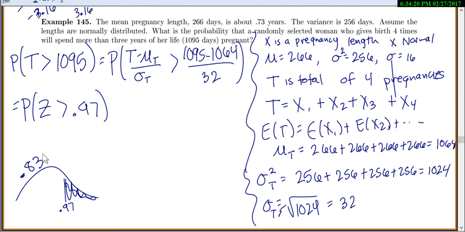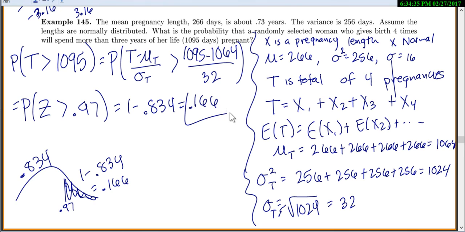So here I'll do 1 minus 0.834, which gives me 0.166. So there's about a 16% chance that she's going to spend more than 3 years of her life pregnant.